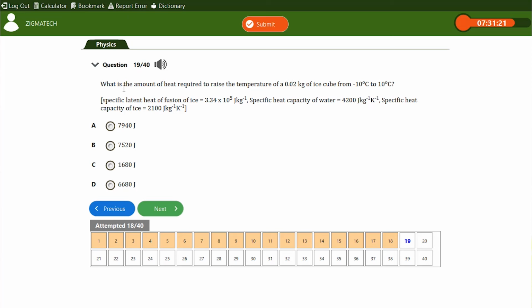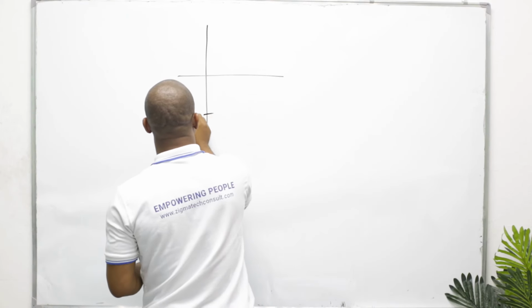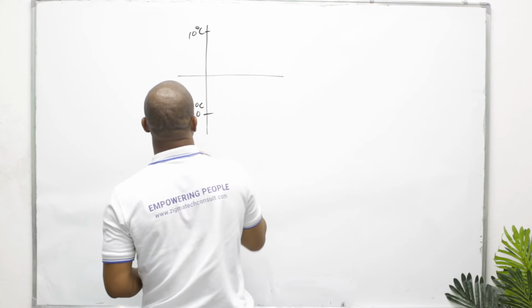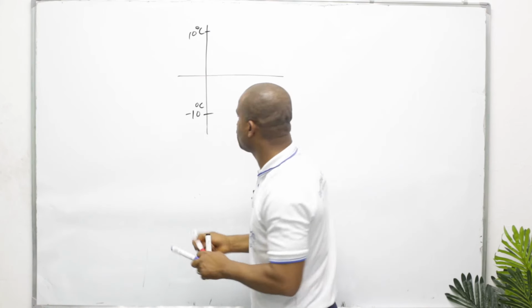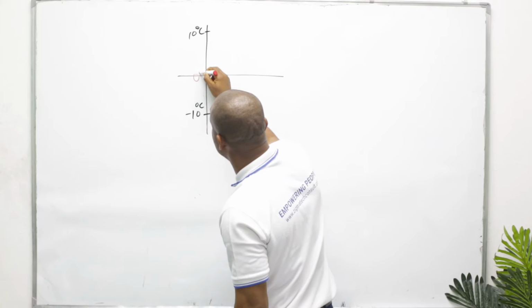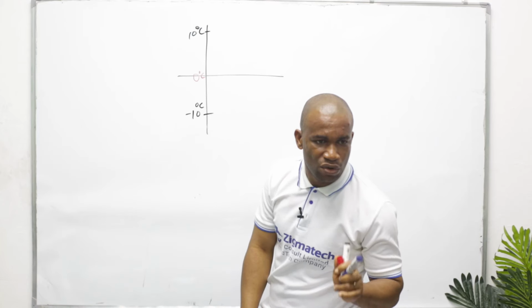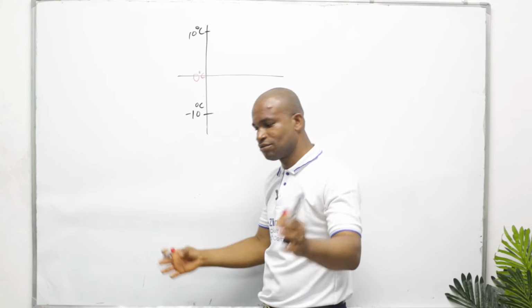So we are going to find the amount of heat needed to cause a change in temperature. Alright, for me to do this, for my explanation for students to understand it better, I like to use this. This is minus 10 and this is 10 degrees Celsius. Now at this point, two things will happen, and I'm using different colors to show you what is happening. So at this point, this is 0, which is the change of phase, because we are talking about ice, and from there we get to water.